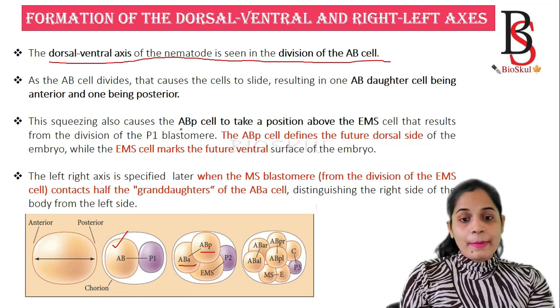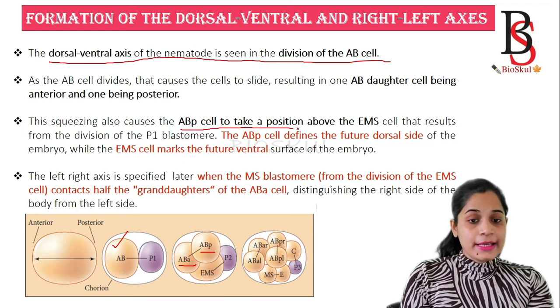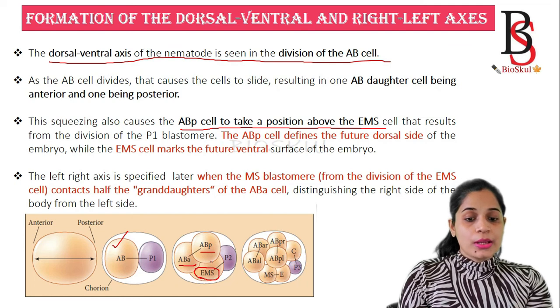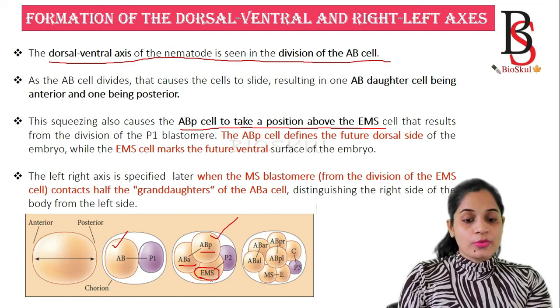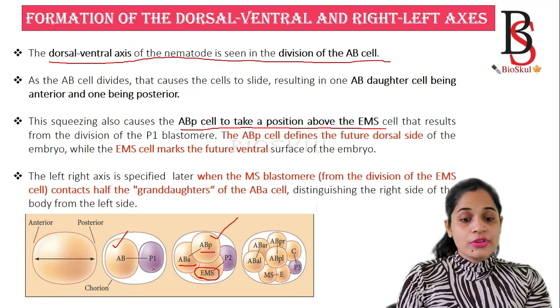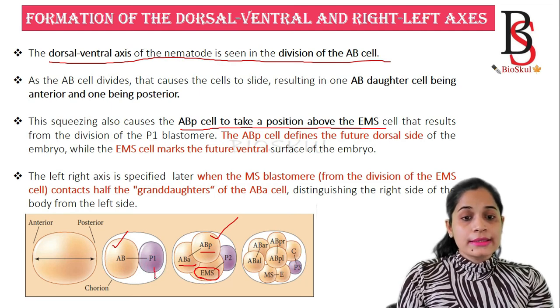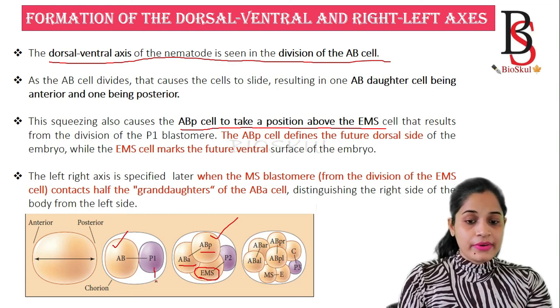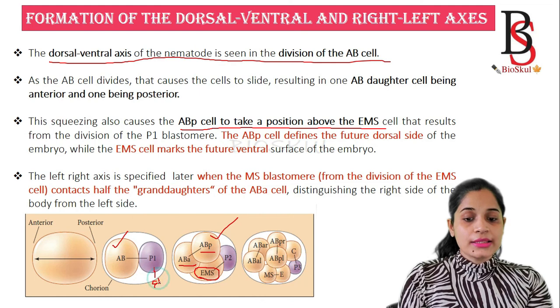So then what will happen next? This ABP cell takes a position just above the EMS, the EMS cell that results from the division of the P1 posterior stem cell. When the P1 stem cell divides, it forms the founder cells, that is the EMS and P2, okay.